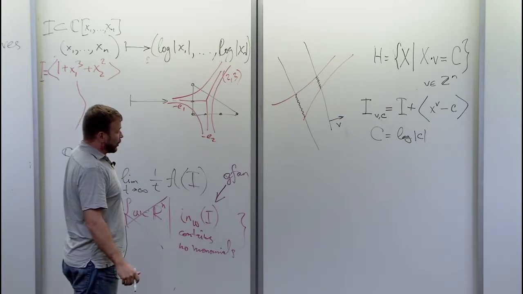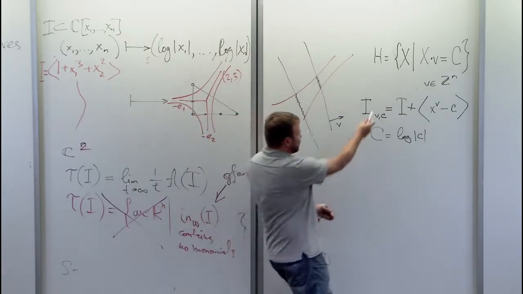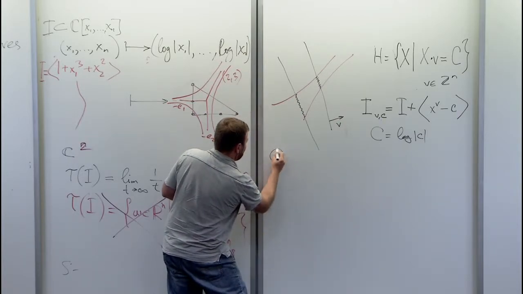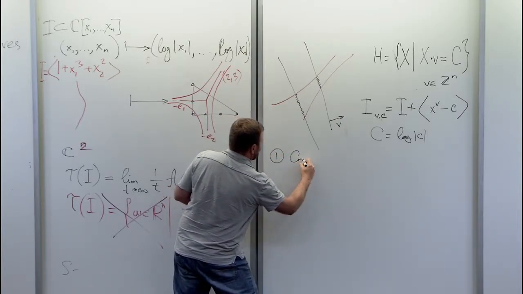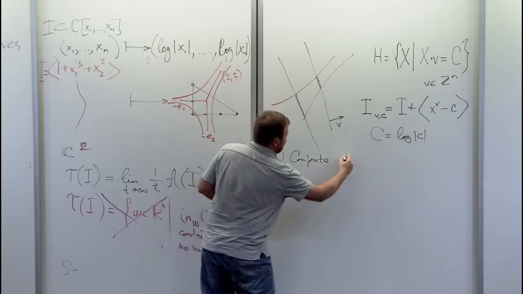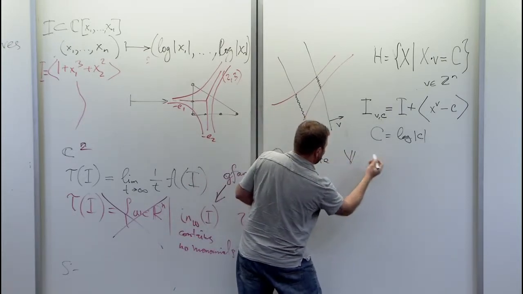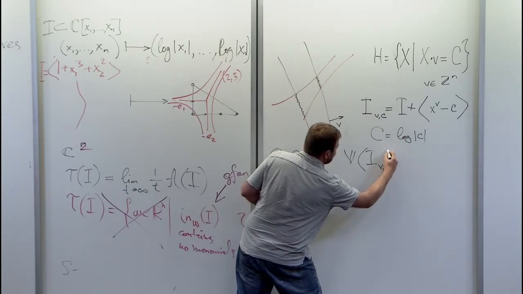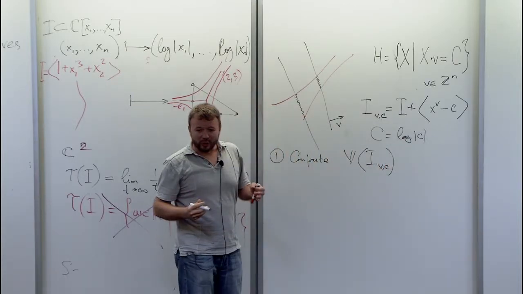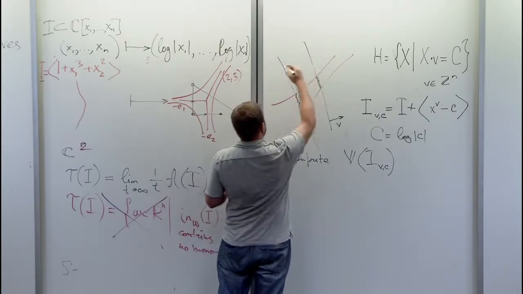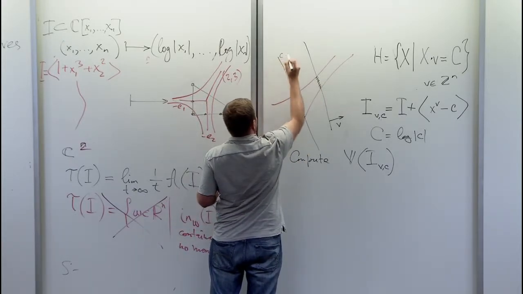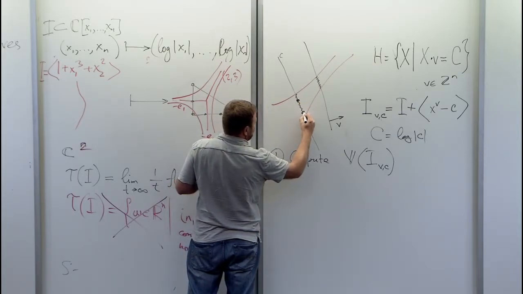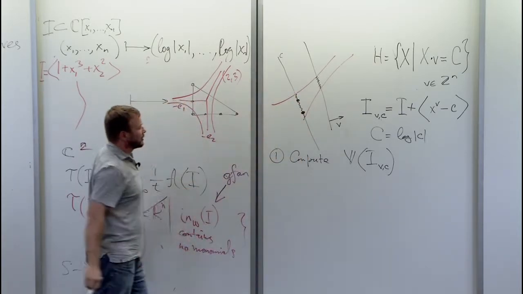Okay, well, now I'm in a situation where I can compute. So I can compute the zero-dimensional variety, which is the variety defined by I_c. That will give me only several points. So let's say if this is my C, then it will give me several points on this slice.